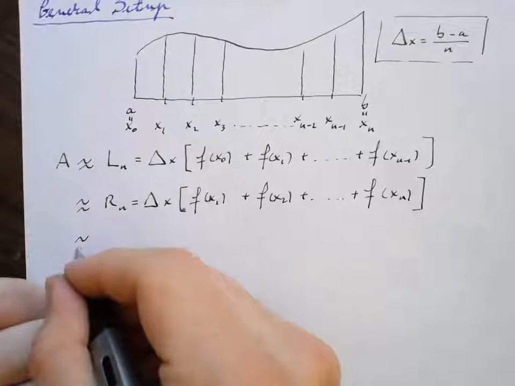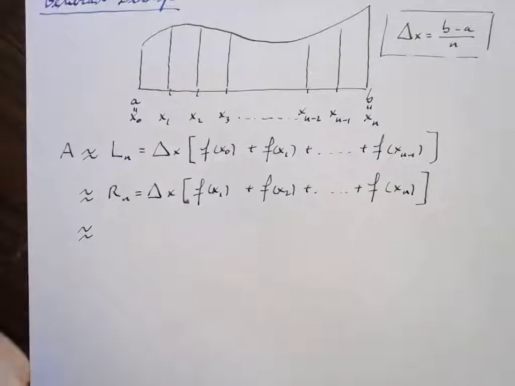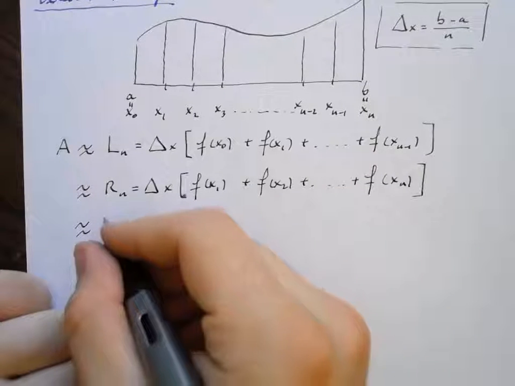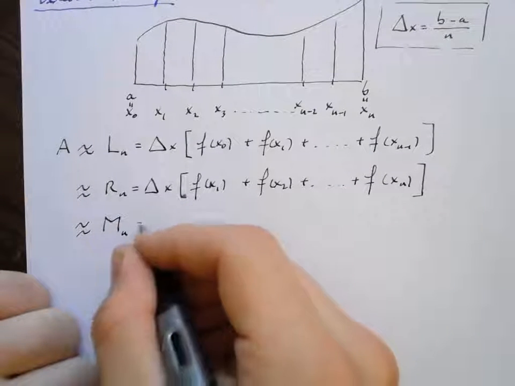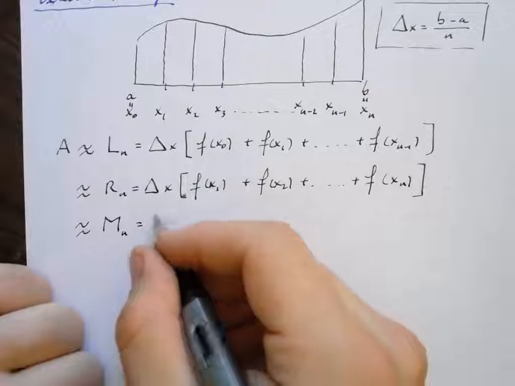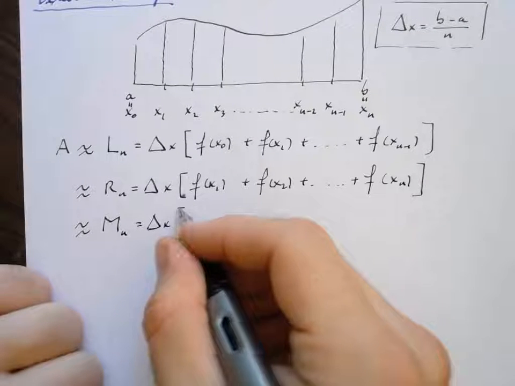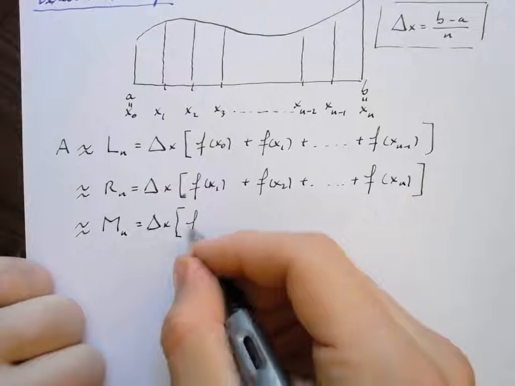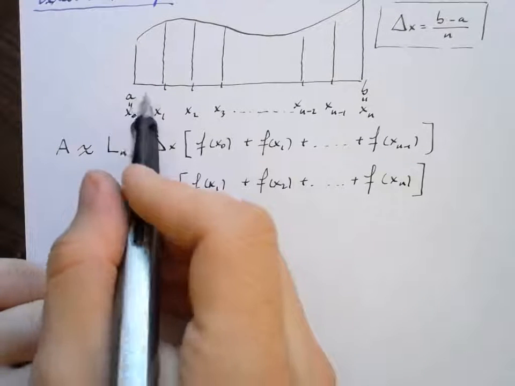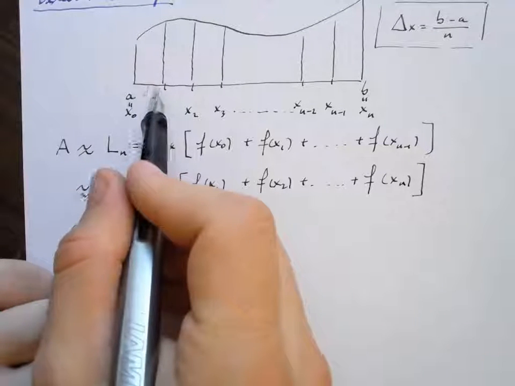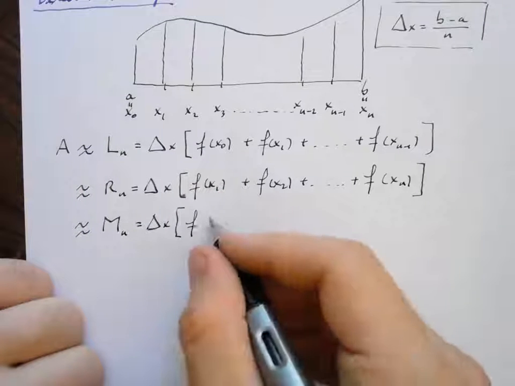Or, as we saw, I can use the midpoint. So I can use m sub n, and that is going to be the same delta x. However, the thing that I plug into f is different. It's the thing between x0 and x1, so it's the average of the two.